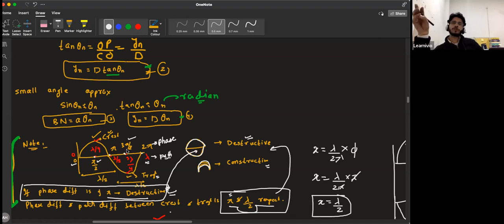If phase difference is pi, that means it's destructive superposition. Phase difference of pi means path difference of lambda by 2, which means destructive superposition. So if you have two waves having phase difference of pi or path difference of lambda by 2, they superimpose destructively.